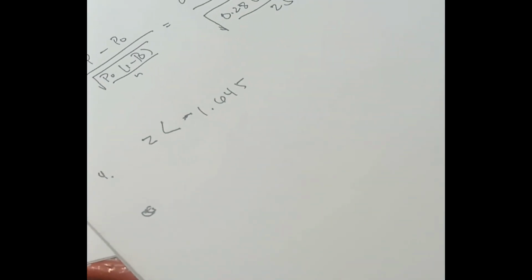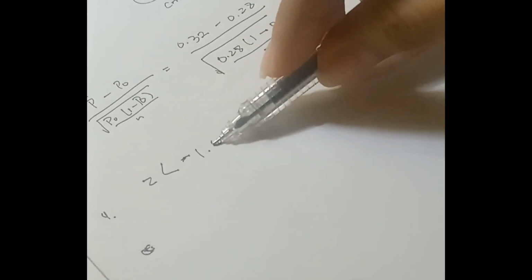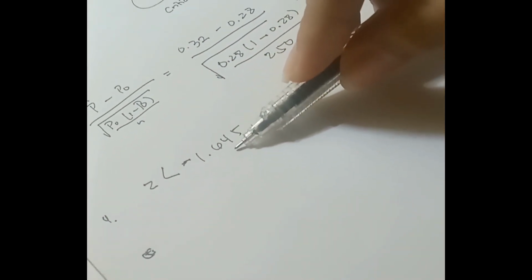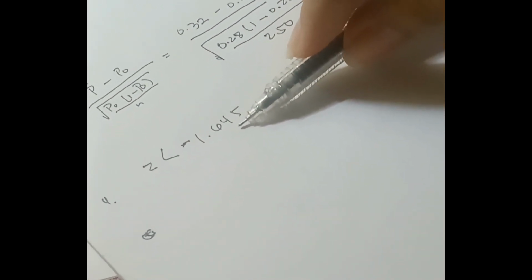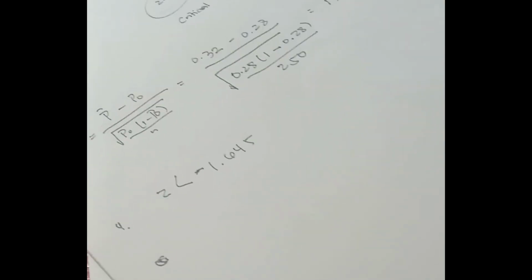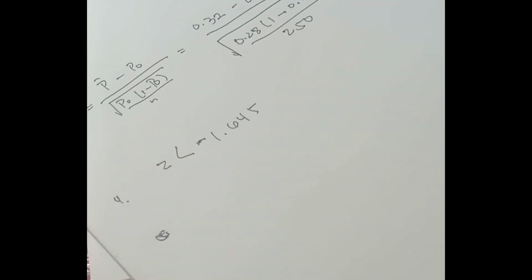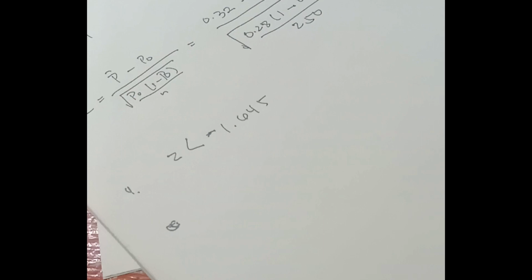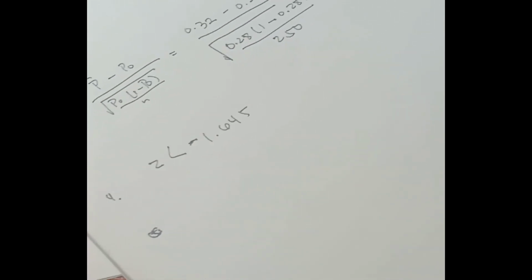So, mas mababa ba itong nakuha natin, itong z, mas mababa ba siya sa negative 1.645? So, hindi. Since hindi naman siya less than negative 1.645, then, i-accept natin siya. I-accept natin yung null hypothesis natin.